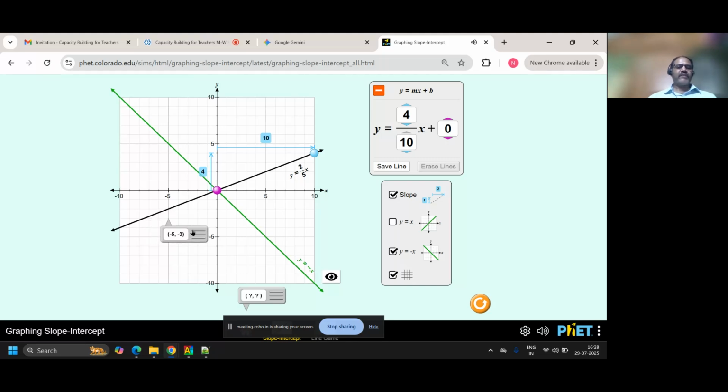In this quadrant, what will be the coordinate? The coordinate will look like minus x, minus y. In this quadrant, the coordinates will look like positive and negative. In this one, it will be positive and positive. In this quadrant, it will be minus x, plus y. So a very simple screen where you can show lines, slopes, intercepts, quadrants.